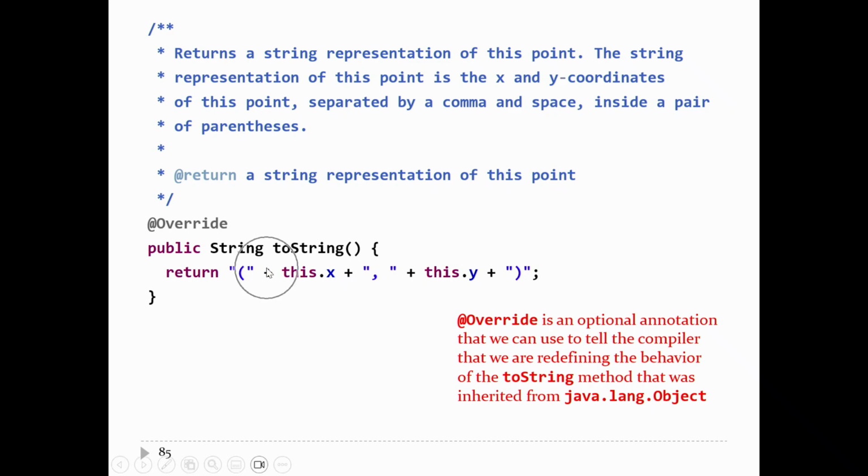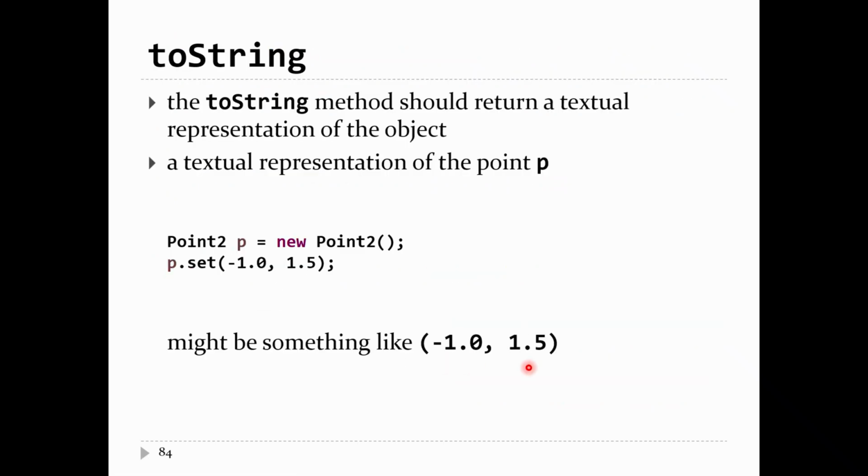Inside toString, I want to generate a string that looks like this. To generate that string, I need an opening round bracket, then the x coordinate of the point, then a comma, then a space, then the y coordinate of the point, then the closing round bracket.